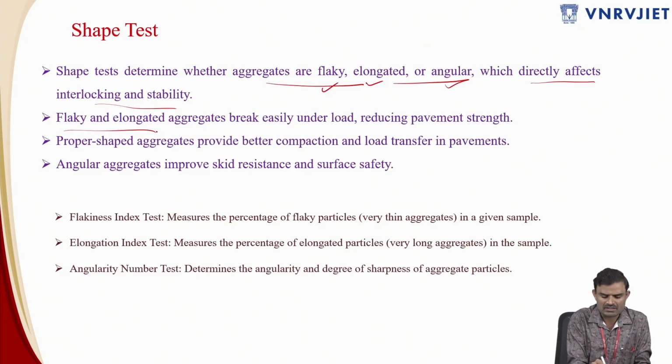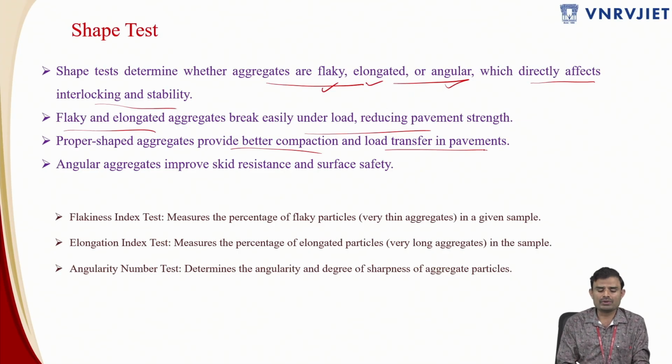Flaky and elongated particles, these are nothing but leaf-like structures, and elongated aggregate particles break easily under load, reducing the pavement strength. So these flaky and elongated particles are going to form weak points during the load transfer. They are going to form as a joint, and they result in reducing the strength of the pavement. Properly shaped aggregates provide better compaction and load transfer.